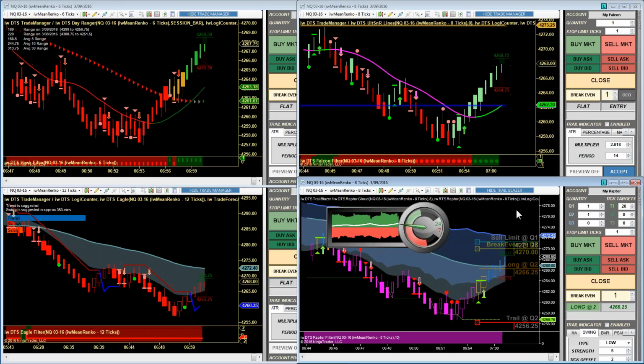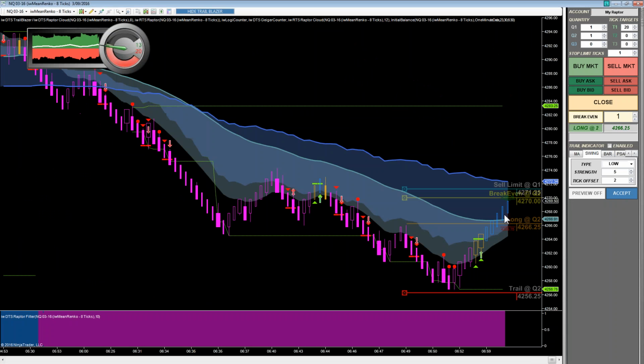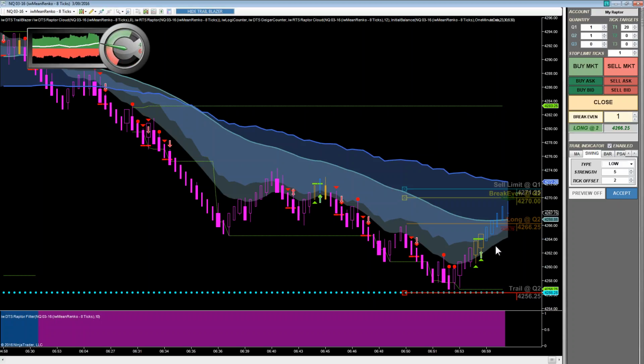So right now the Raptor is giving us a bit of an opportunity here, just about to hit the break-even trigger. Now when we hit the break-even trigger, you're going to see the Trailblazer take my stop from down here automatically to the break-even point. Sometimes I'll disable the break-even if I'm looking for a little bit more of a run here.